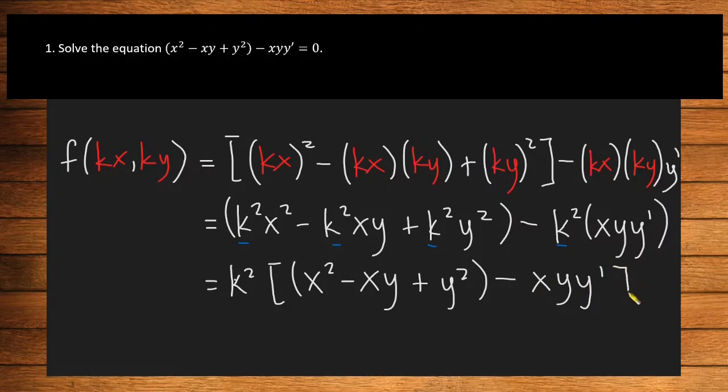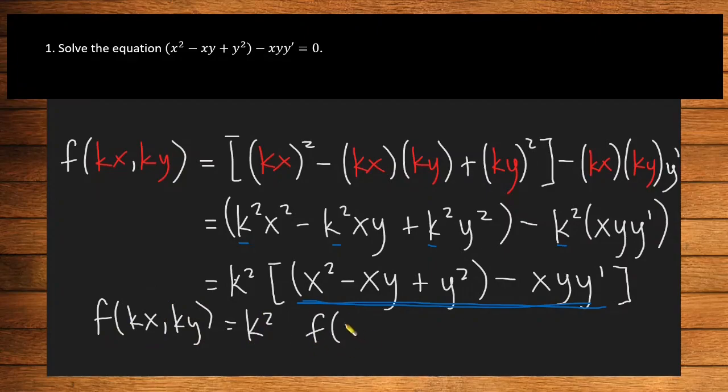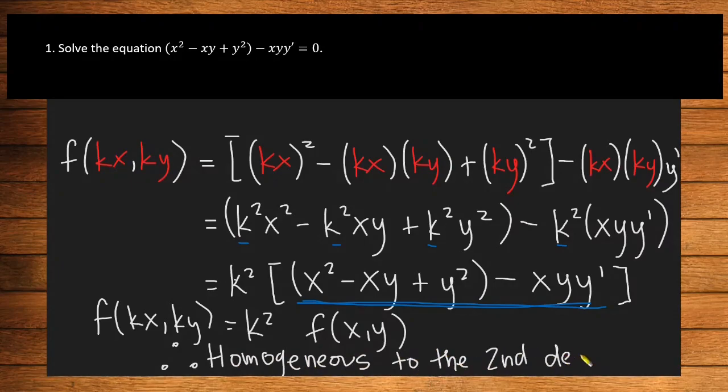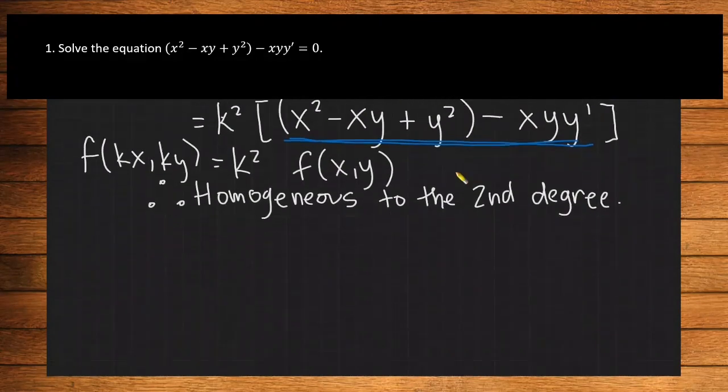If you notice, the terms between the brackets are actually our original function, so we can replace that with f of x, y. Therefore, by definition, this function is homogeneous of the second degree. Because it is homogeneous, we can proceed with the following method in solving it.